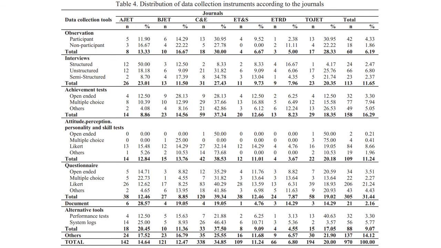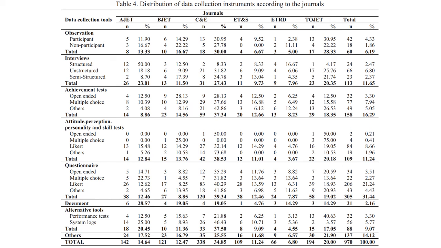This is another interesting figure. If you look in this table, Table 4, distribution of data collection instruments according to the journals. This is the type of instruments that researchers in educational technology field often use to collect their data.